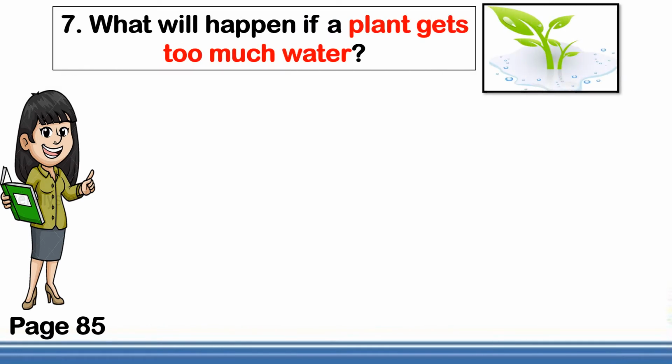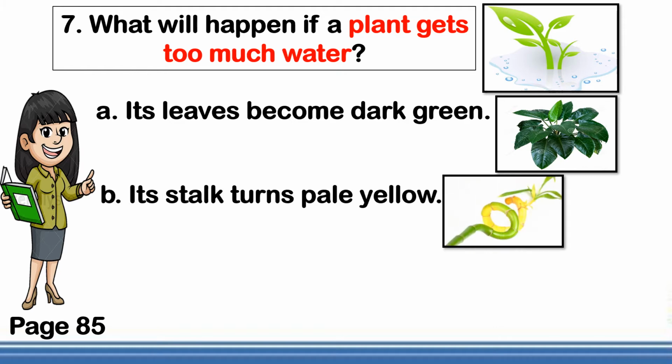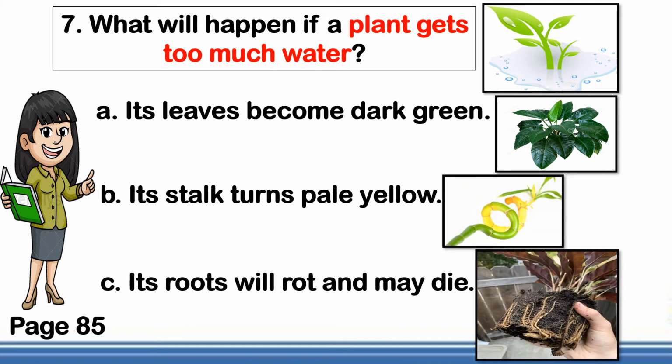Number 7. What will happen if a plant gets too much water? Letter A. The leaves become dark green. Letter B. Its stalk turns pale yellow. Or letter C. Its roots will rot and may die.